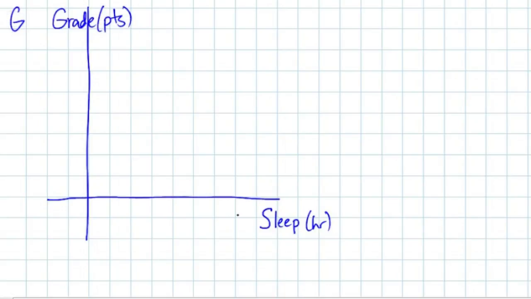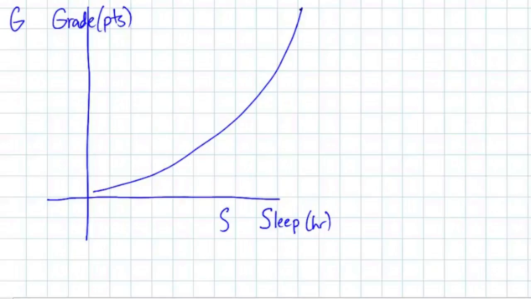So it's grade versus sleep. And let's say that this graph looks something like this, which seems to say that there's not a linear relationship between the hours of sleep you get and your grade on a test. If you get a lot more sleep, then your grade on a test goes way up. So that's not linear.